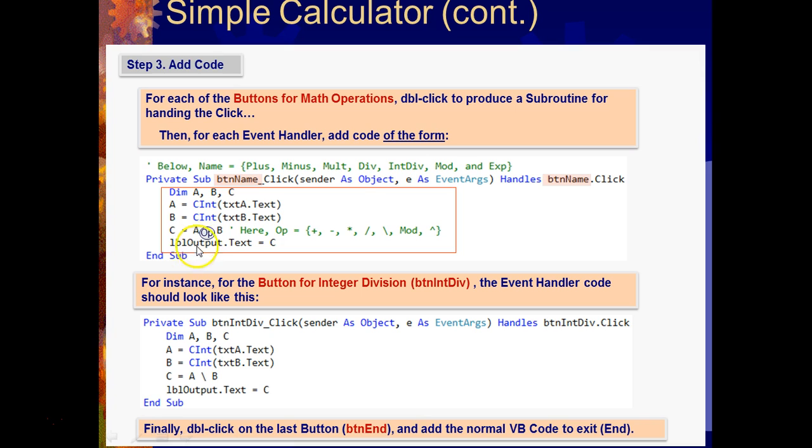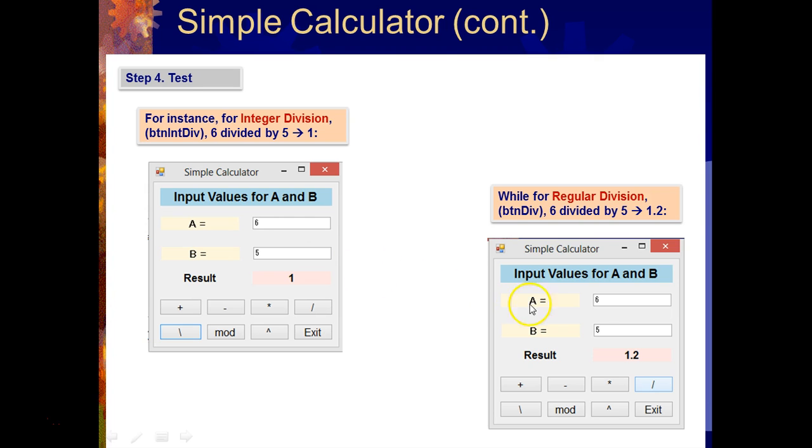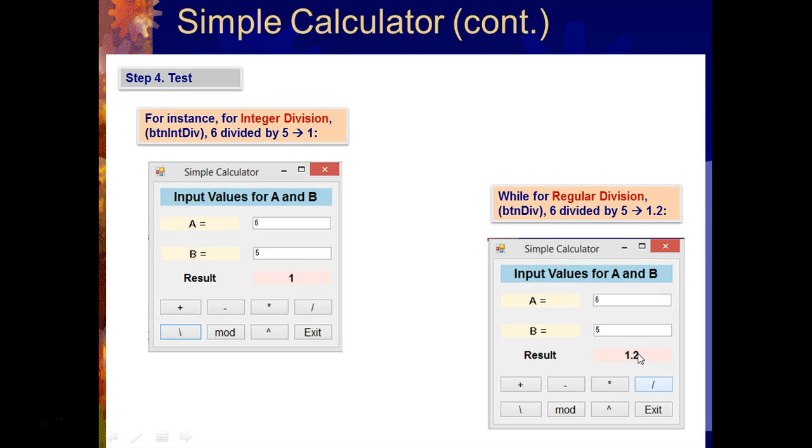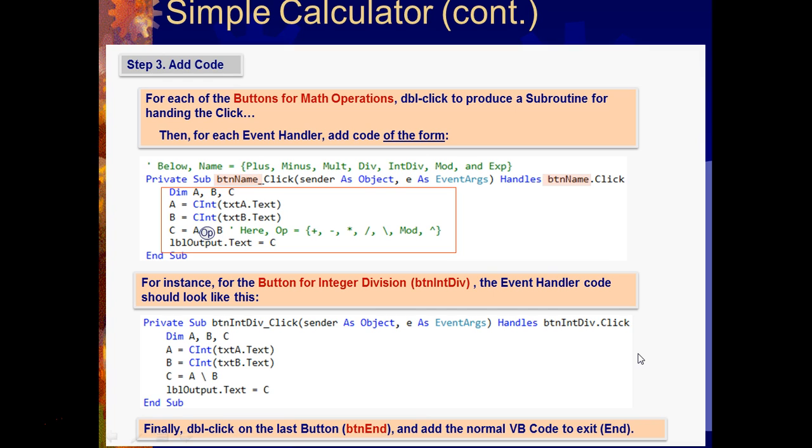And then lblOutput.Text. What we want to do is take the output label, take its text property, and fill it with what we get in this calculation.